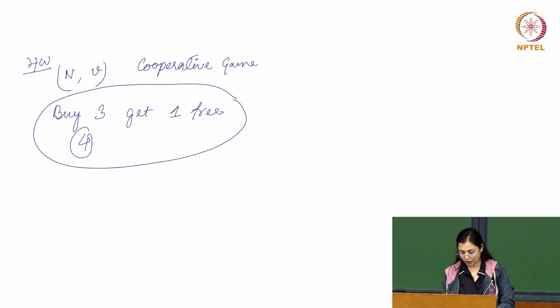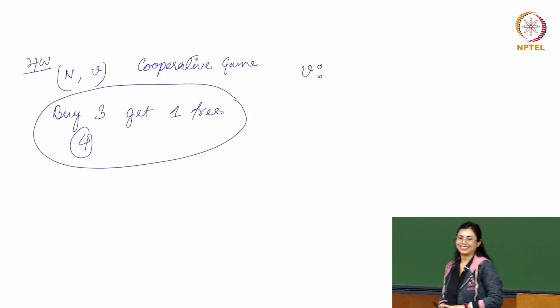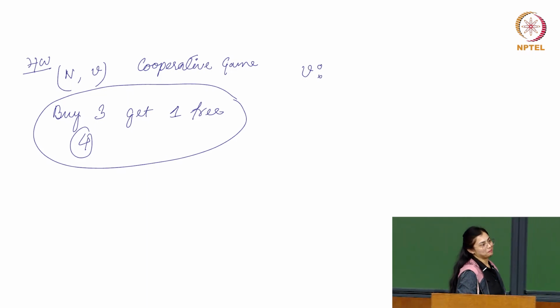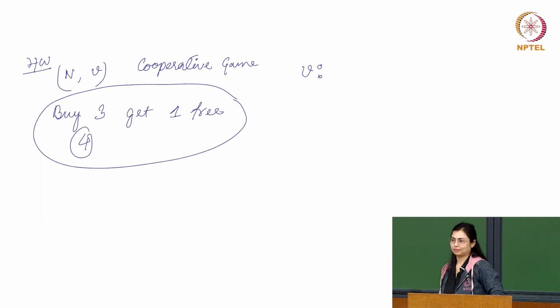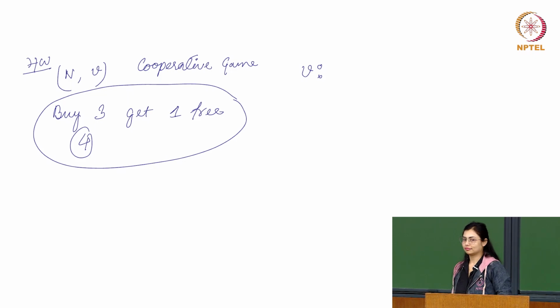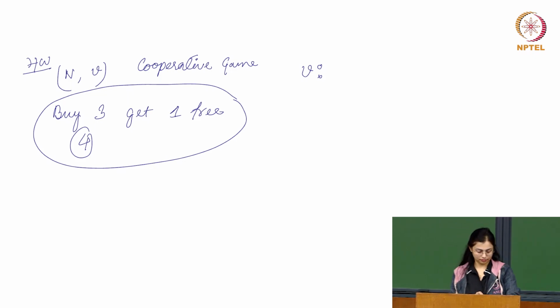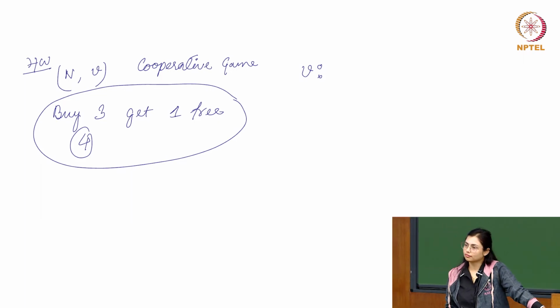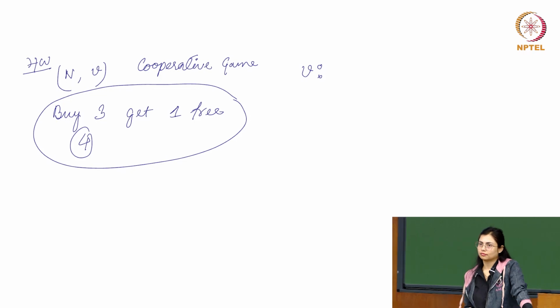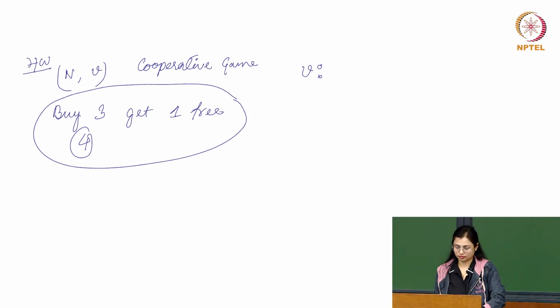Just think about how you are going to construct the V. V would be the total discount that both of them get, like V of the whole set. And V1 would be the discount I get if I'm the person referring, and V2 would be the discount the other person gets.